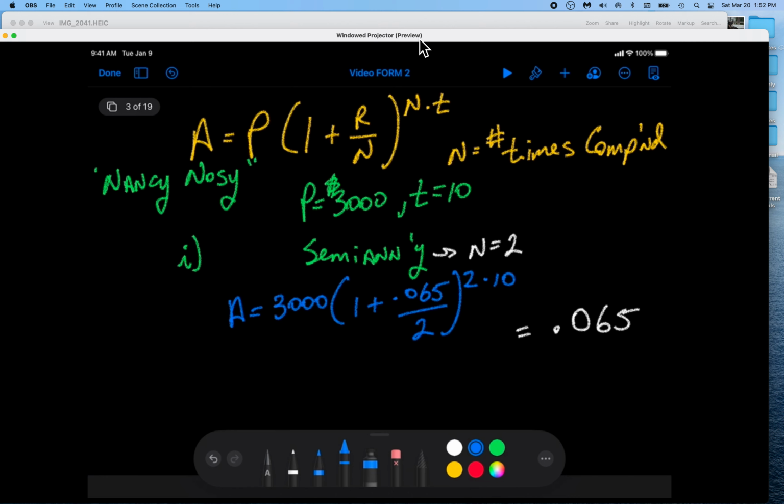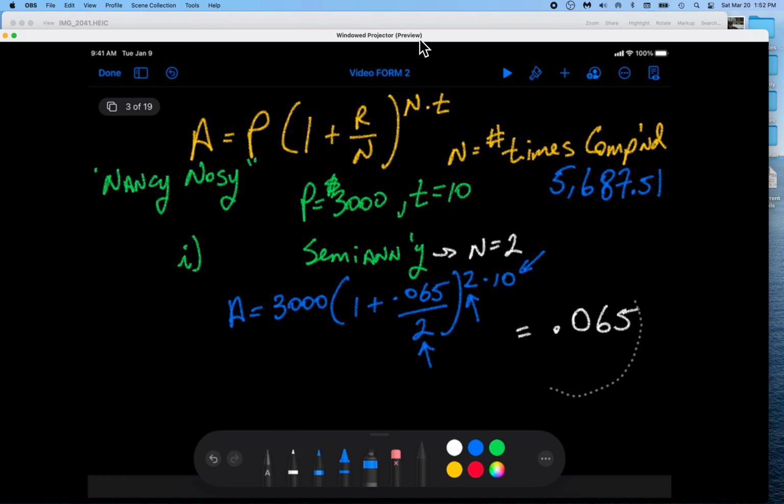Again, the 10 is how many years, n is how many times per year that it is compounded. Because of Nosy Nancy, n is listed twice, and the amount that we get when you punch all that into a calculator is going to be 5,687.51.